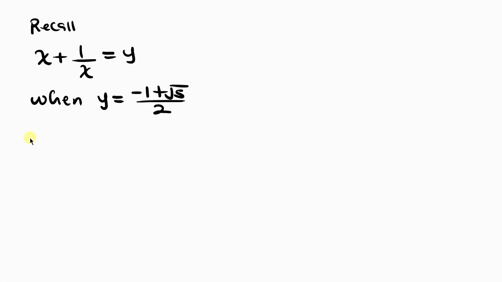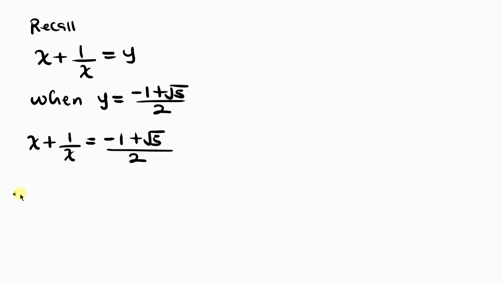So we have x plus 1 over x equal to y. We have negative 1 plus the square root of 5 all over 2. So now let's clear the fraction. Well, we're going to be clearing the fraction by multiplying through by the LCM. And the LCM here is 2x. So use 2x to multiply through.